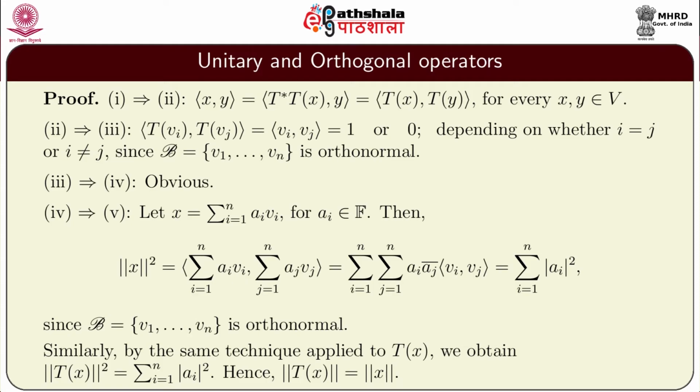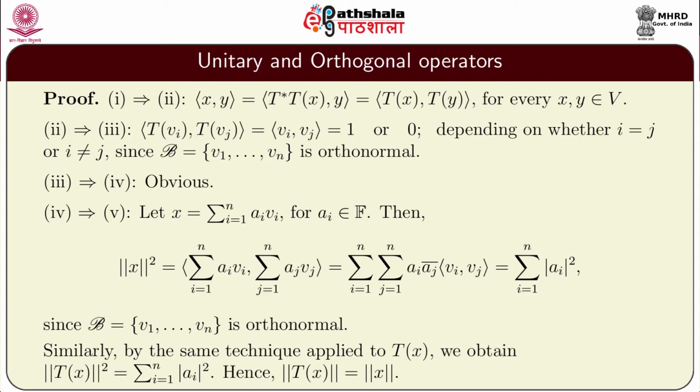4 implies 5. Let x be equal to summation i equal to 1 to n ai vi for ai in the base field F. Then norm of x square is the inner product of summation ai vi comma summation aj vj, and that is equal to double summation i equal to 1 to n, j equal to 1 to n ai aj bar inner product vi vj, which is the same as summation mod of ai square for i equal to 1 to n, again because the set B consisting of v1, v2, ..., vn is orthonormal.